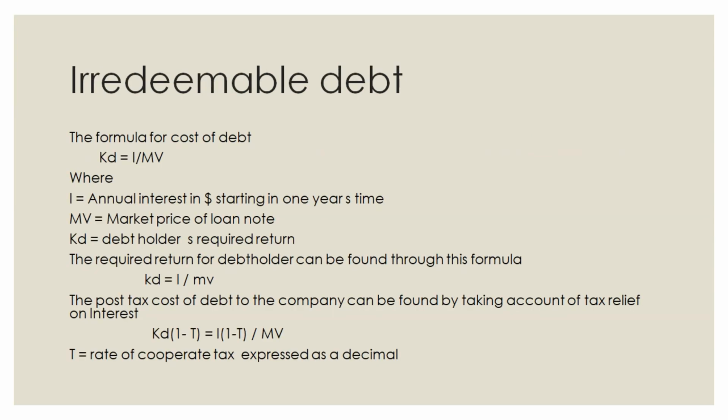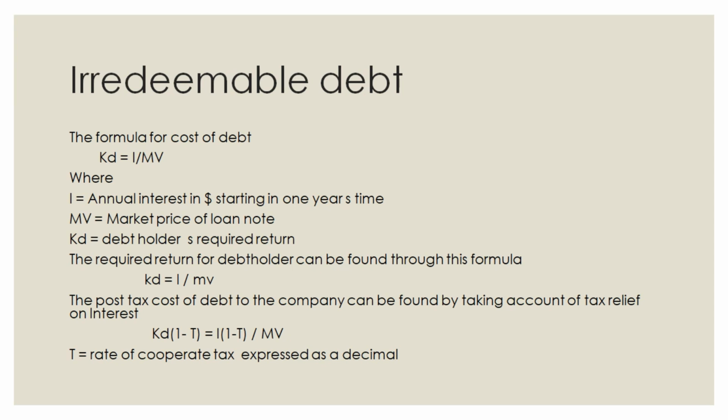So the formula for calculating the cost of irredeemable debt will be Kd equal to I divided by MV, where I equals the annual interest in dollars, starting in one year's time. The interest will be received in one year's time. MV will be the market value of the loan notes, and Kd will be the cost of debt.